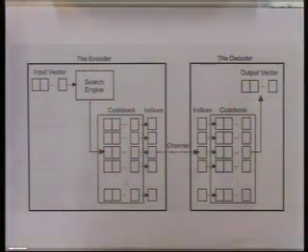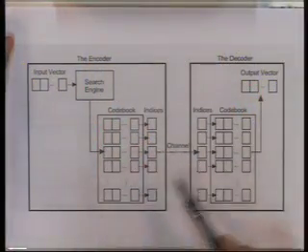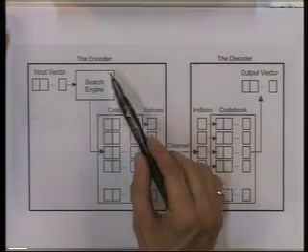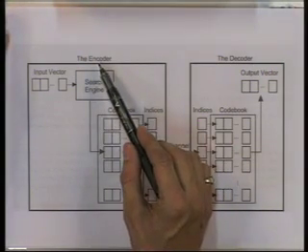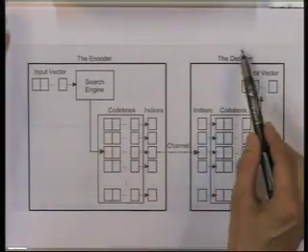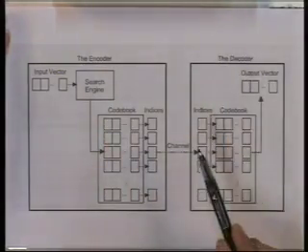The figure here depicts the operation of a vector quantizer. A vector quantizer is composed of two operations. The first is the encoder and the second is the decoder.